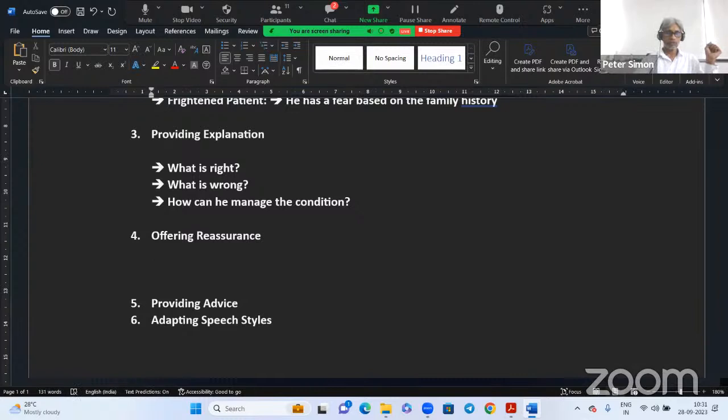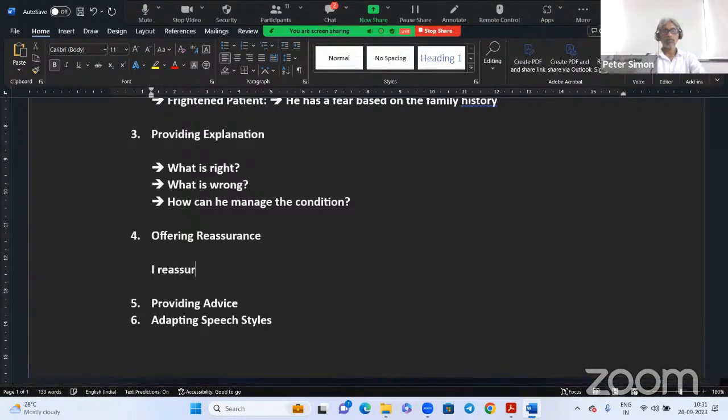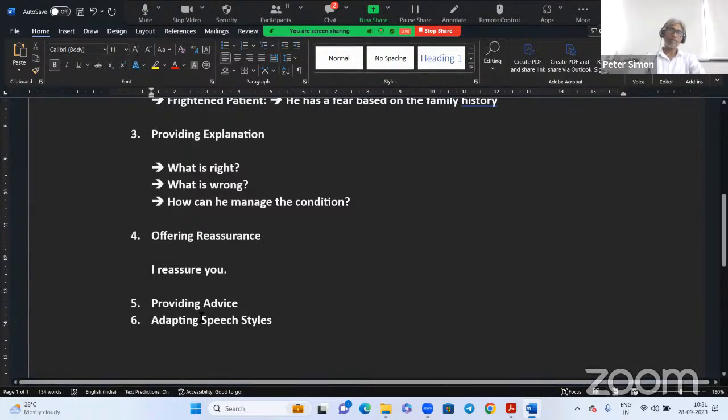How do you give reassurance? Never use the word I reassure you. Reassurance means something very high. What is reassurance? Do you know? Many people say the word I reassure you. That's it. I am reassuring you. I reassure you. This is a very big mistake.